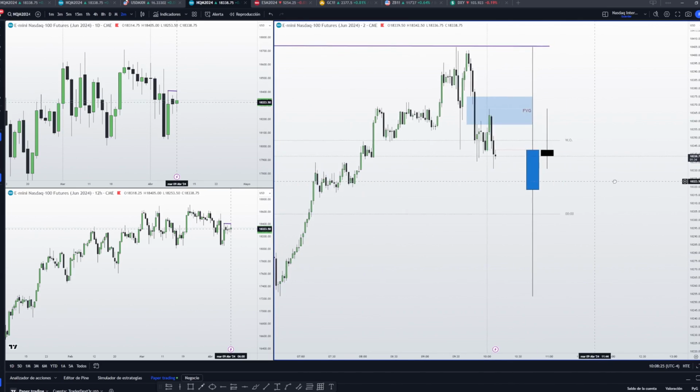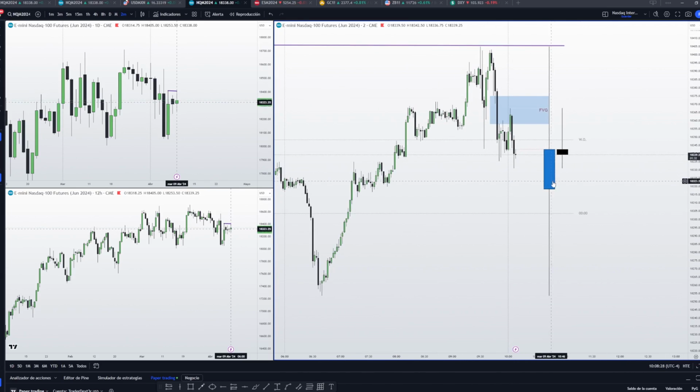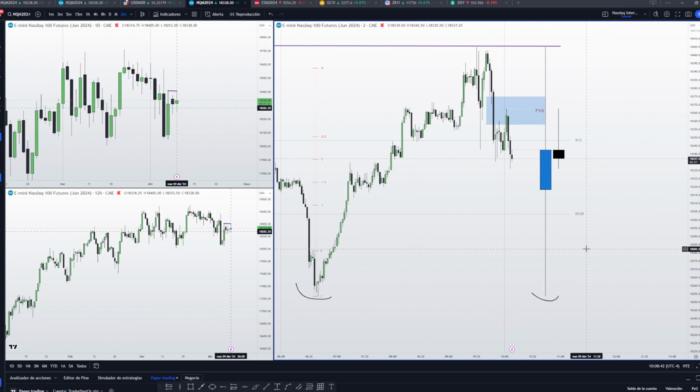This is the previous candle here, this 4-hour candle, and the low range from this candle is this range here. Here, this is the week low for the previous candle.